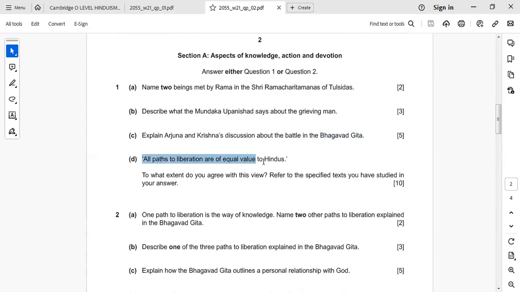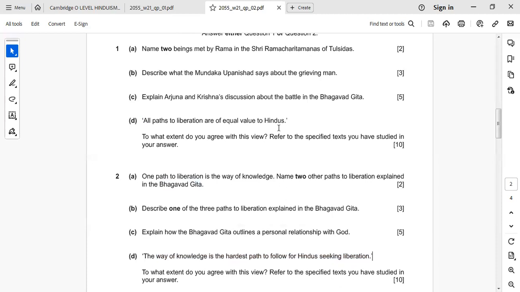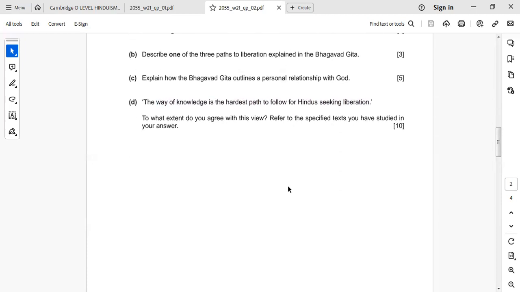This one is usually a general question, involving the Ramcharitmanas, the Bhagavad Gita, and also the Upanishads. Question number 2 is about the Bhagavad Gita, and this one is a general question, where you use knowledge of the Bhagavad Gita, the Upanishads, and the Ramcharitmanas. So you choose either or.